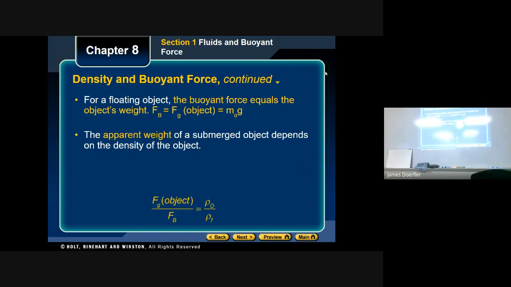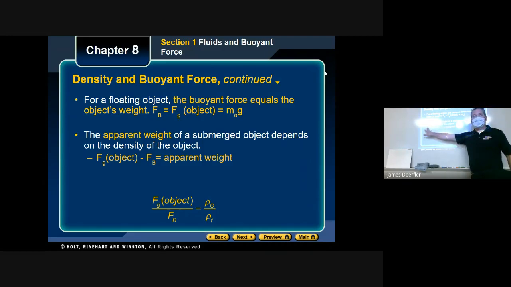So when we have an object that's floating, we have what's called the apparent weight of submerged objects. It is going to depend on the density of the object, but also the density of the liquid it's being submerged in. And in order to calculate, now this is not a minus sign. Pretend that's not there. No minus sign, it's just a dash, a bullet point.